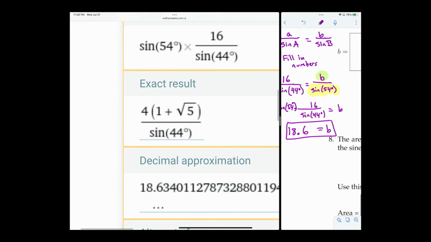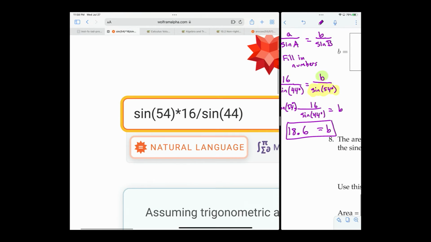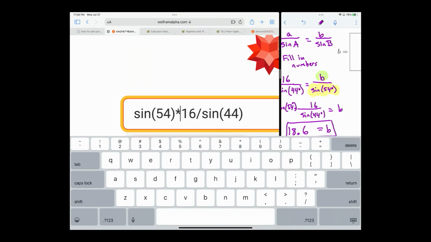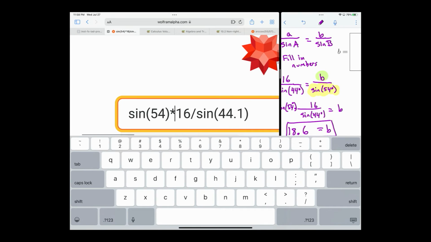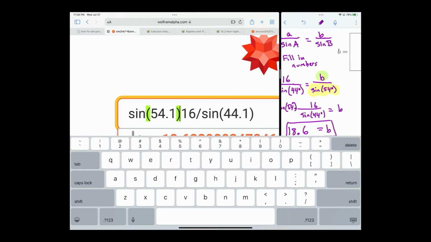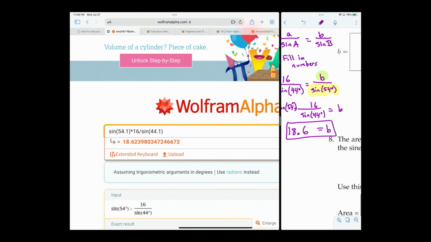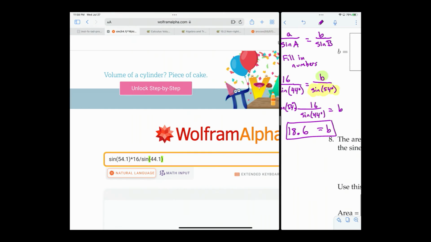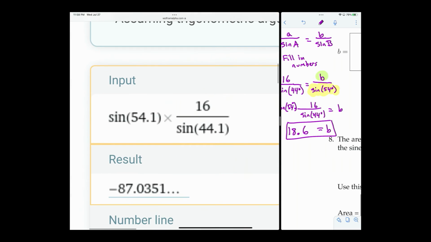Now, the reason you have to be careful is if you had decimals, like if I come up here and I put in, let's say like 44.1, I can't put the cursor where I want it. Hold on a second. All right, I'll just have to type it in. Like 54.1, if you type in a decimal like this into Wolfram Alpha, then if I hit enter, look at the difference.